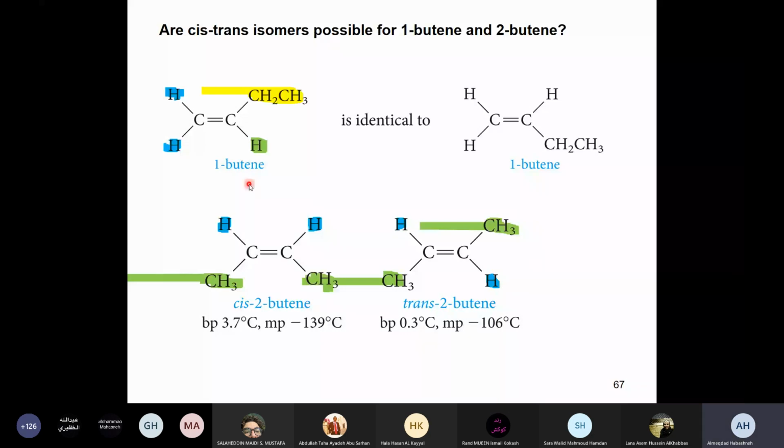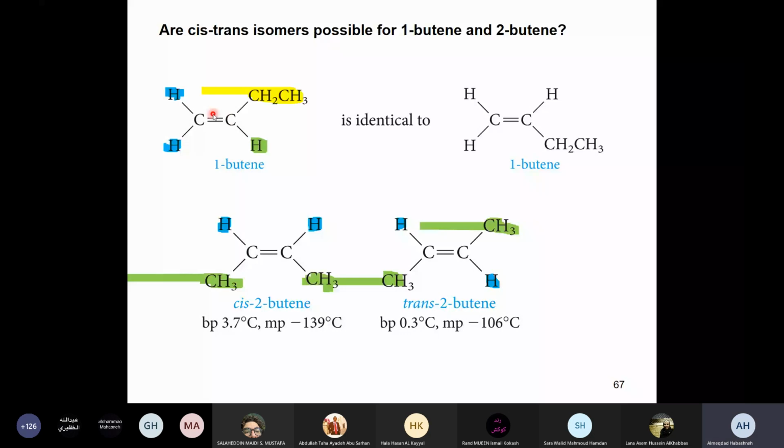But how can I know whether this double bond is a stereogenic center? So it can have configurational isomers. You go to each carbon at the double bond. You find out the groups connected to each carbon at the double bond.